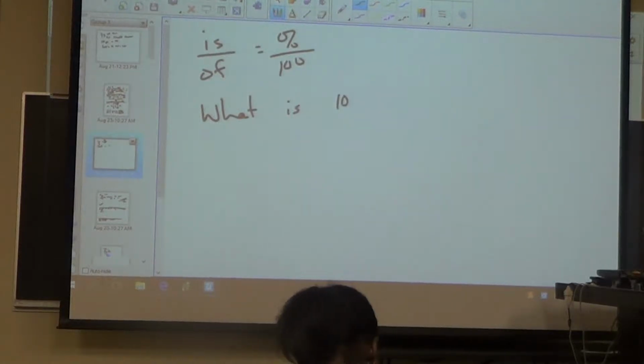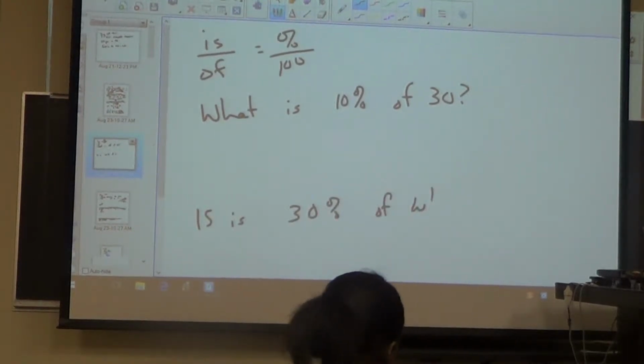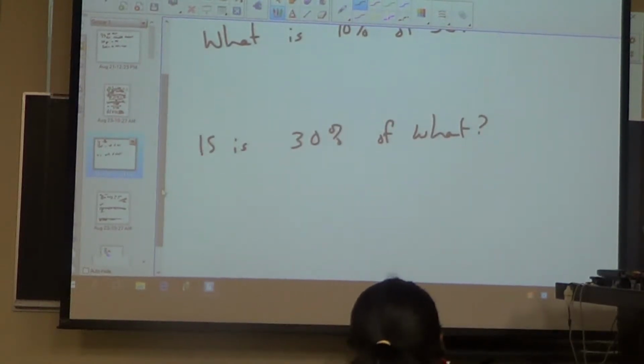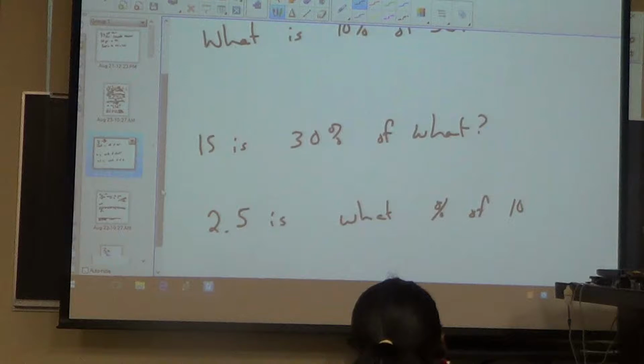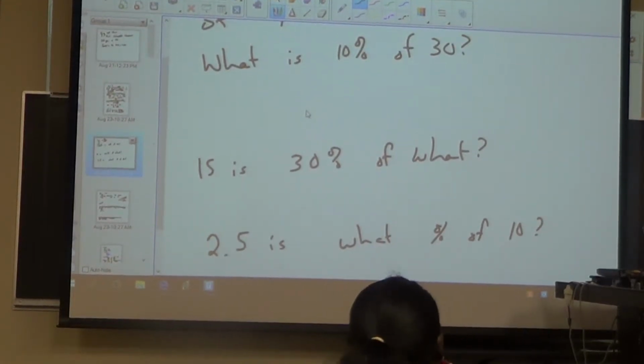What is 10% of 30? 15 is 30% of what? And let's do another one. 2.5 is what percent of 10? Now, you know that these problems are screaming is over of.